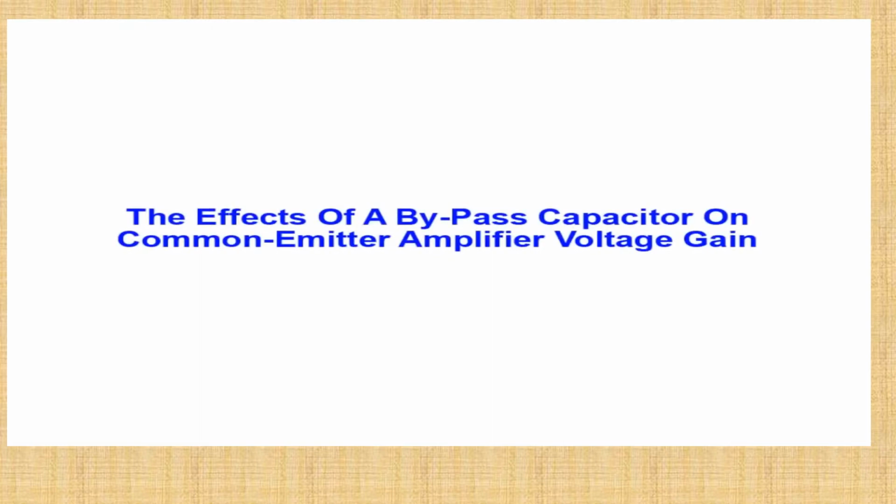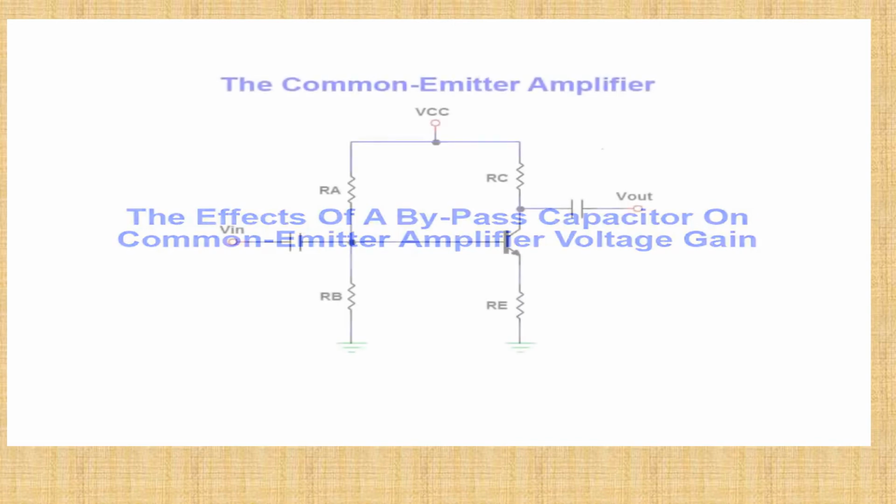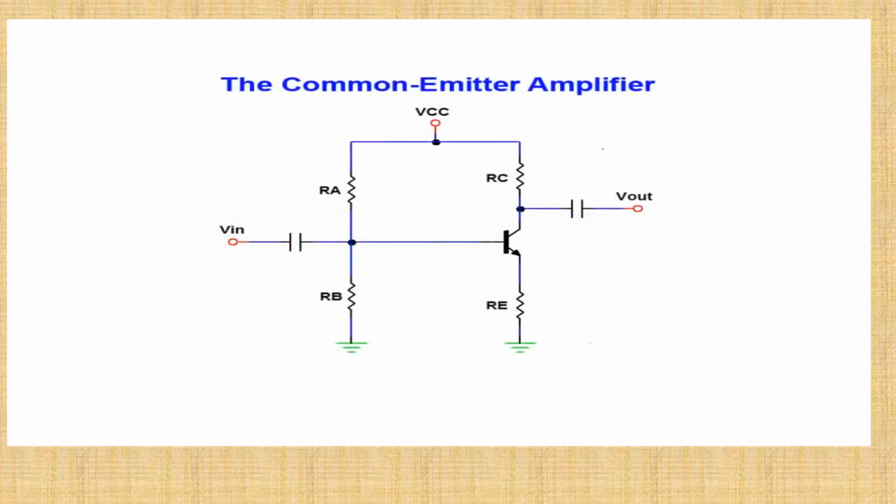In this animation, we will be examining the effects of a bypass capacitor on common emitter amplifier voltage gain. Here we have the basic voltage divider biased common emitter amplifier circuit. The circuit consists of 4 resistors and an NPN bipolar junction transistor.